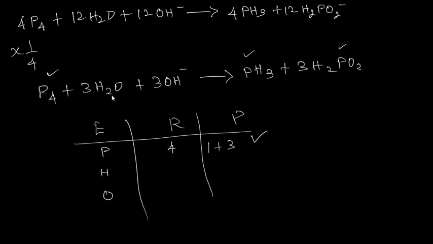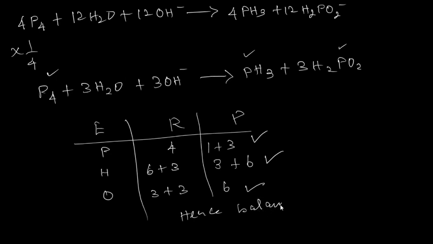And next H. H we have 6 plus 3 on the reactant side, and on the product side we have 3 plus 6, which is balanced. And finally O, 3 plus 3, and on the product side 3 twos are 6, it's balanced. So all the elements are balanced. Hence the reactant side is equal to the product side, so the equation is balanced.